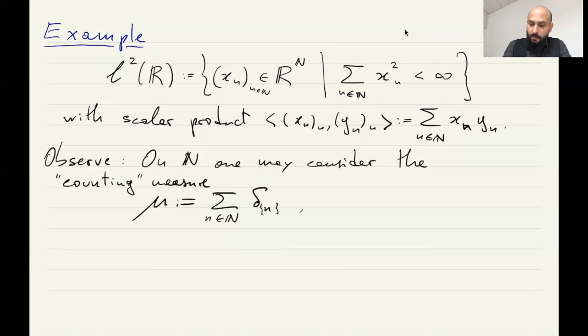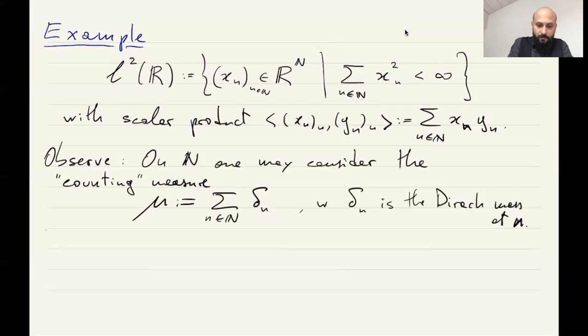where delta n is the Dirac mass at n. This measure, given a subset of N, just tells you how many points you have in this set.